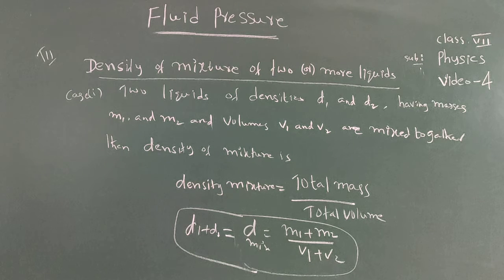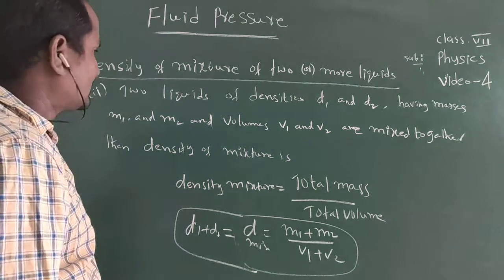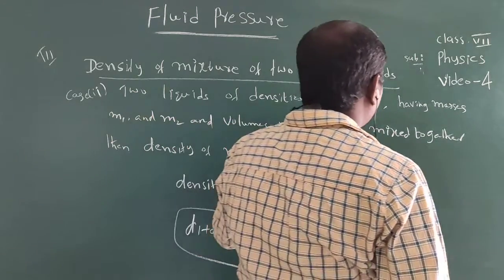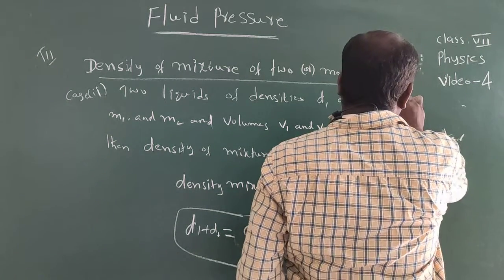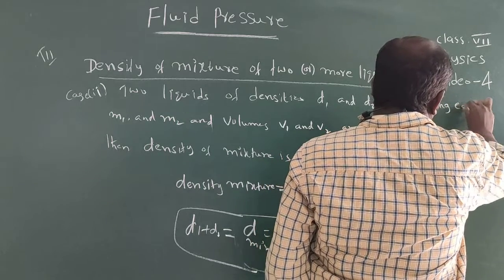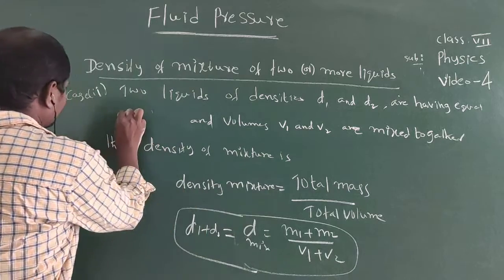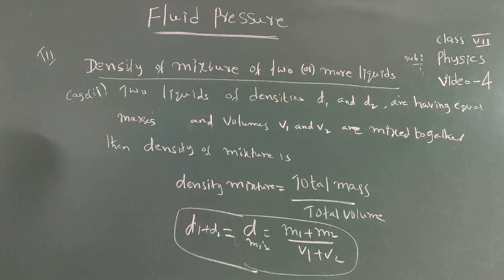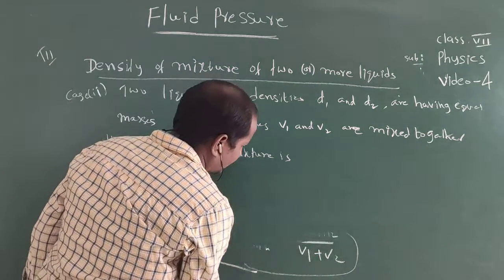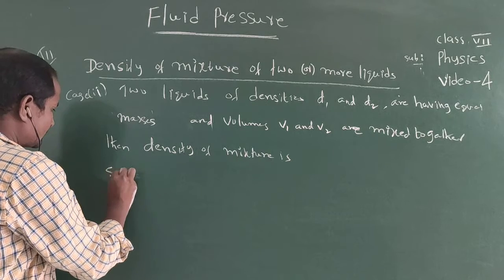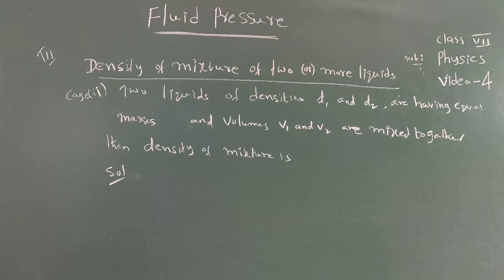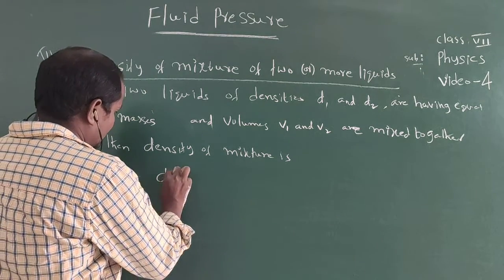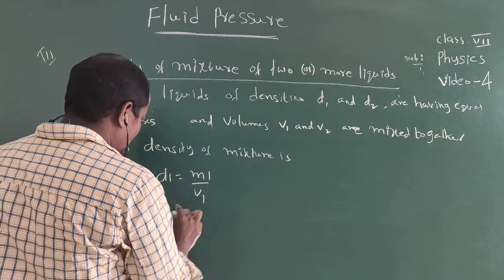Case 2. If two liquids of densities d1 and d2 have equal masses, and its volumes are v1 and v2, and the density of the mixture is, okay, so here what are the given values? d1 and d2 are given.